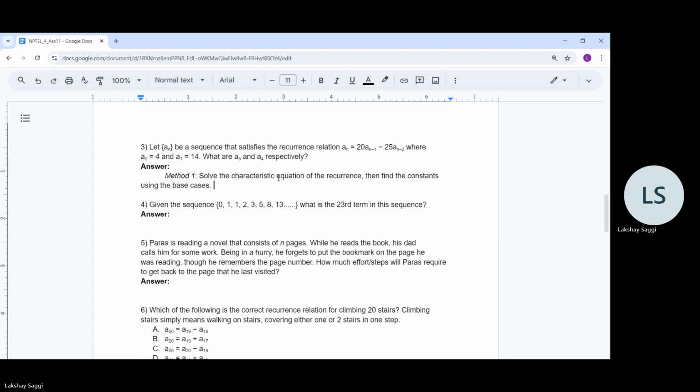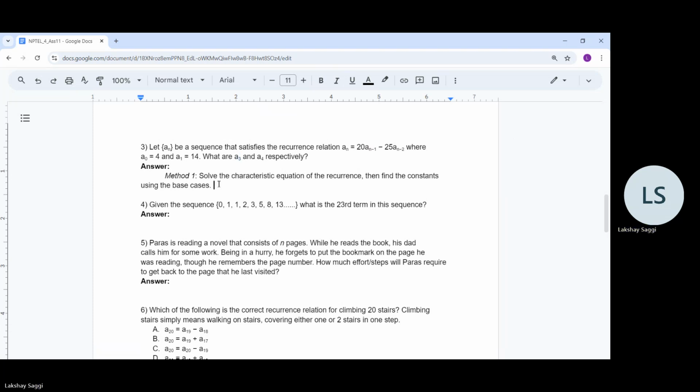So method one basically revolves around obtaining the general formula from this recursion. Like if we are given this recursion, then we want to find out the general formula for an. So one method to solve this kind of question would be obtaining the general formula for the values of n and then plugging n equal to 3 and n equal to 4.